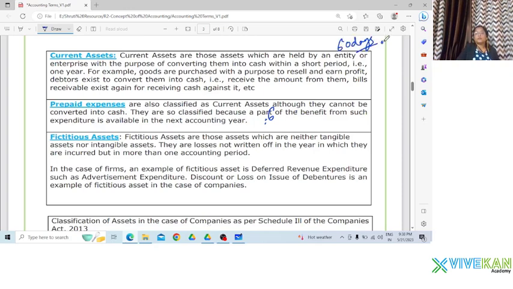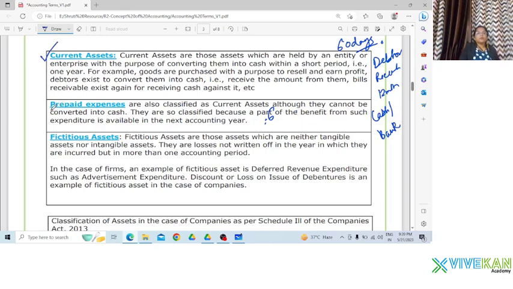So this debtor or trade receivable, the amount you need to get, is to be paid within 60 days. This is within 12 months, and you will convert this into cash, or you'll get the amount credited in the bank. Therefore this is called a current asset, which will be realized in a shorter period and converted into cash or cash equivalent.